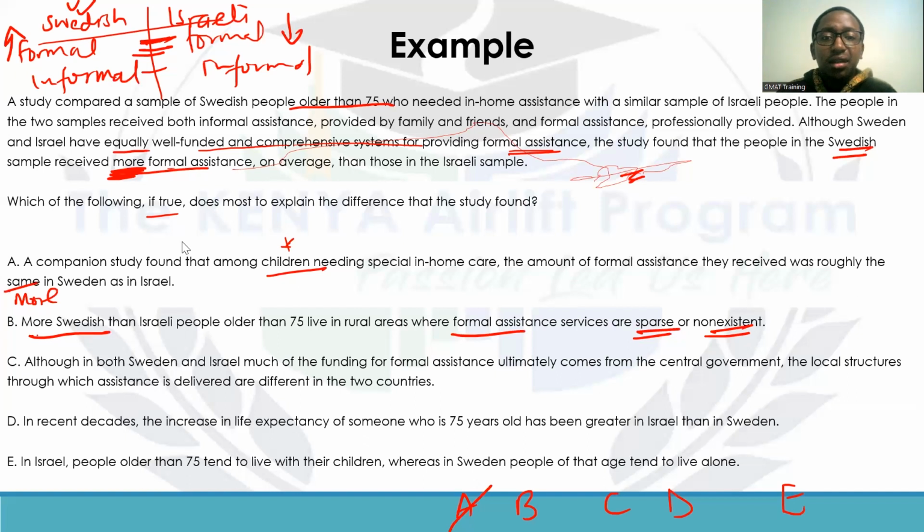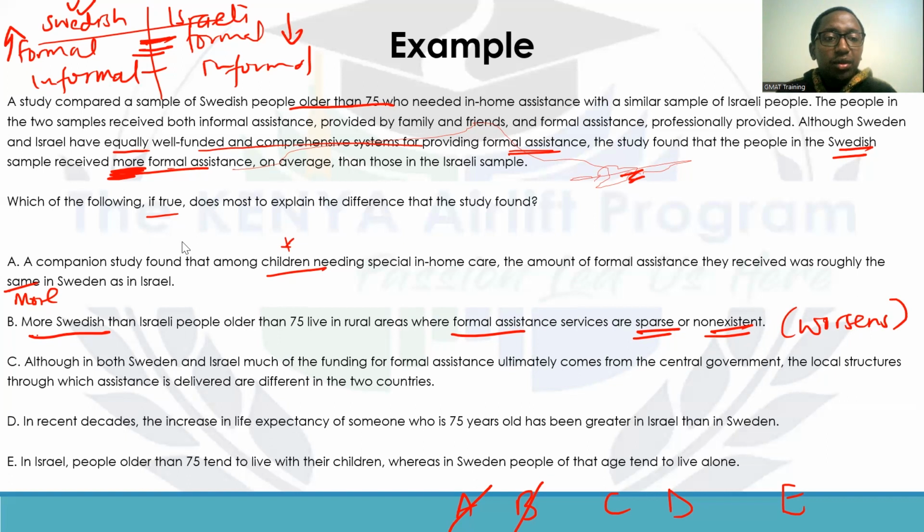So this again worsens the conflict. Because if this were true, that means that the Israeli people would be receiving more formal assistance than the Swedish people. So we can eliminate B.